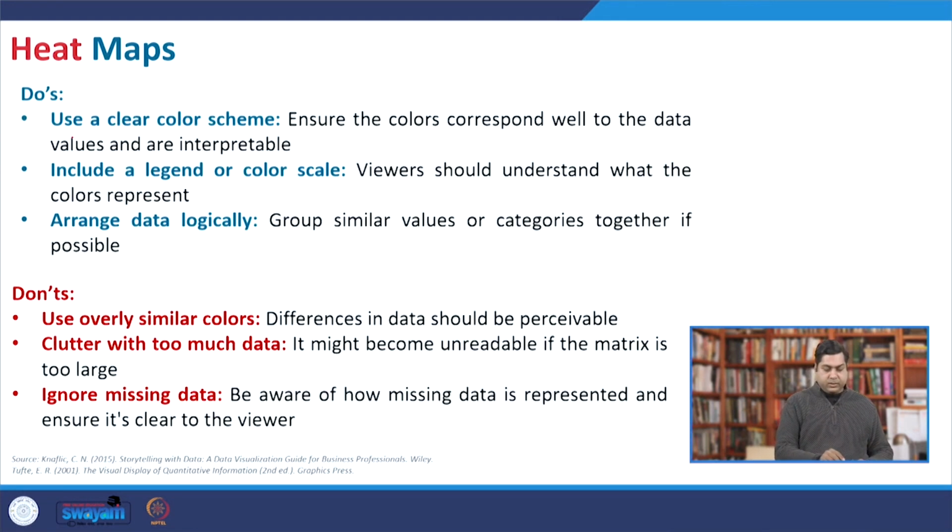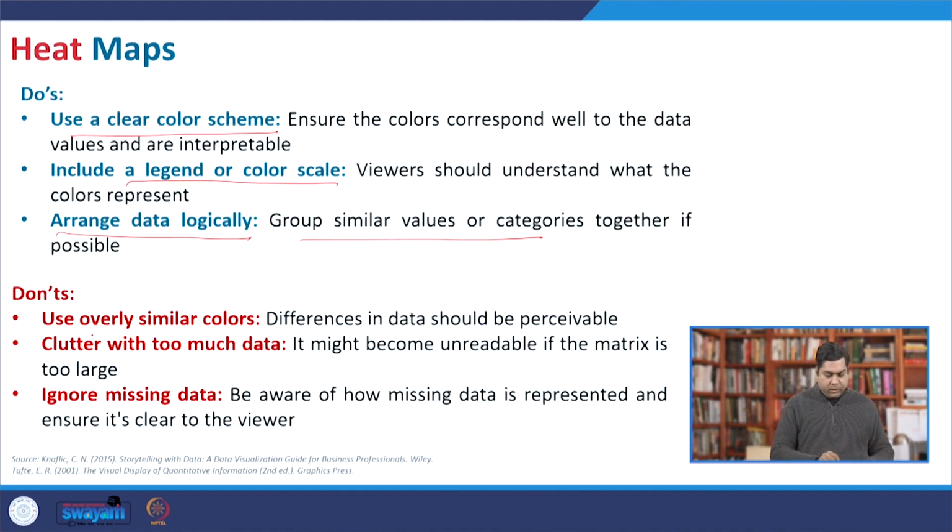In this case, use a clear color scheme so that there is no confusion. Include a legend for understanding the scale, arrange the data logically. There should not be any other values which cannot be considered in this particular graph. So, first check the data which you need to put in the heat map.